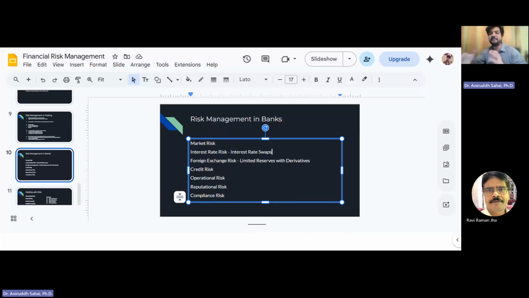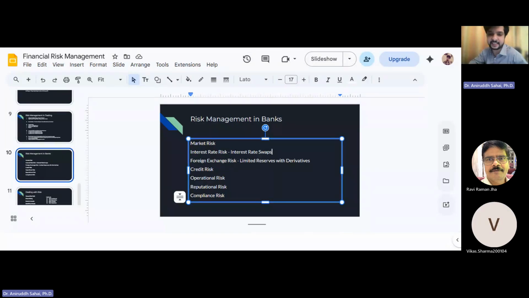So one bank may believe that the interest rates are about to go up, other one may believe that the interest rates are going to go down, and ultimately both of them can exchange their liabilities and their assets in the form of this fixed to floating swap or floating to fixed swap, and ultimately reduce their overall interest rate risk. This is one way to deal with this risk.